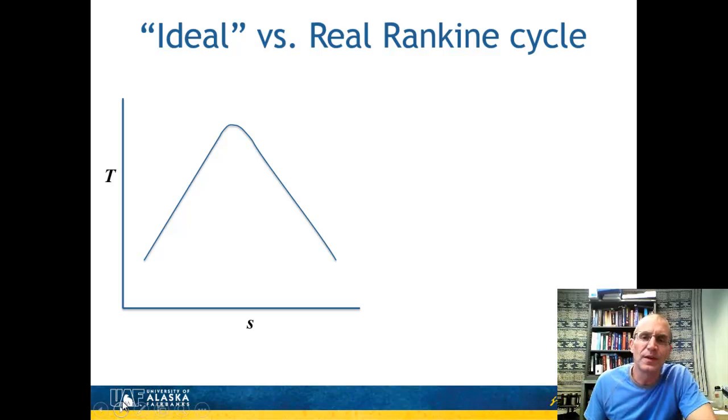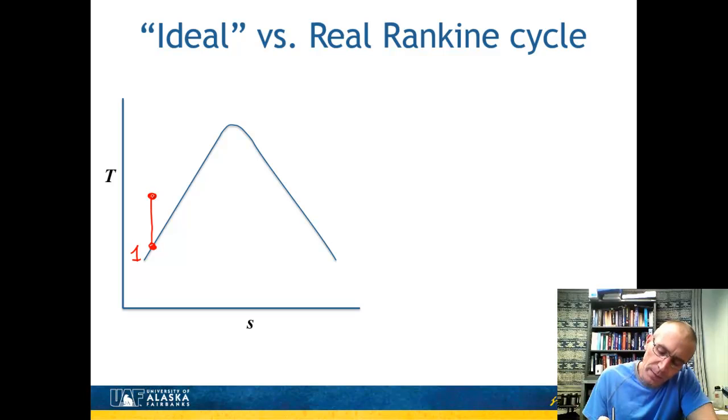All right, so I want to talk a little bit about the difference between what's called the ideal Rankine cycle and the real Rankine cycle. So a couple things about the ideal cycle. Let's go ahead and draw it over here. We start off with a saturated liquid at 1, and then we said that the ideal cycle would have an isentropic pump up to 2, and then it follows an isobar as I move across like that.